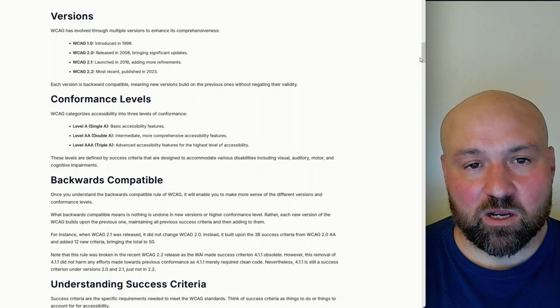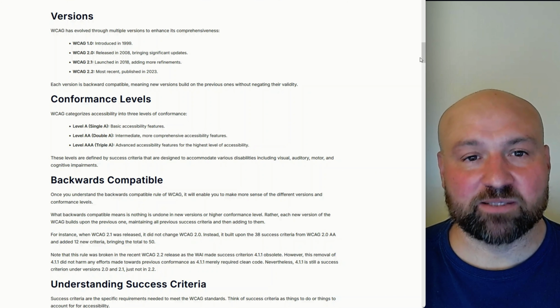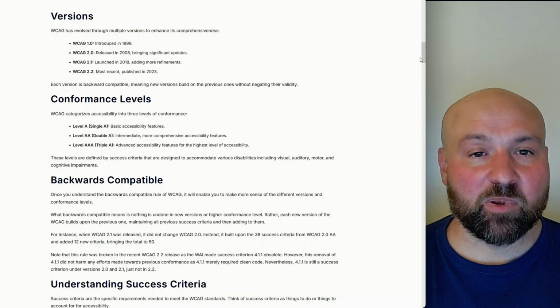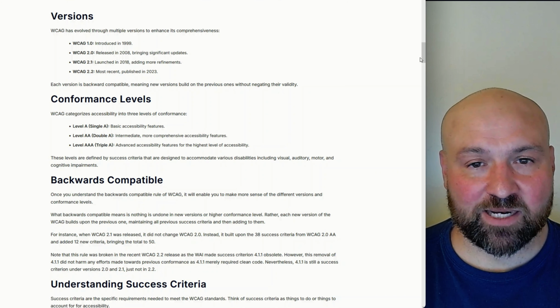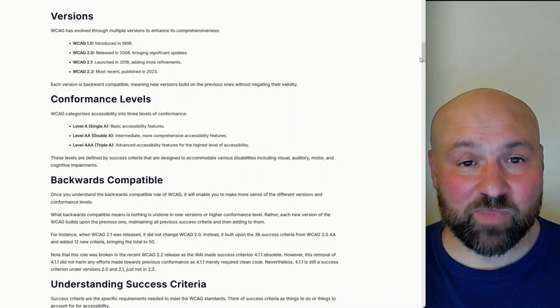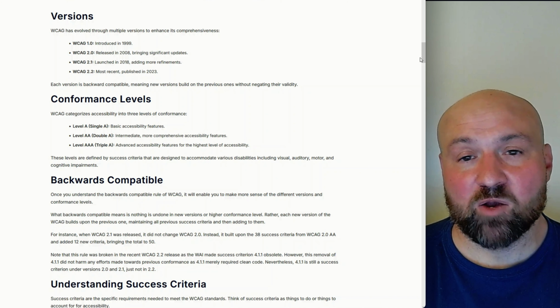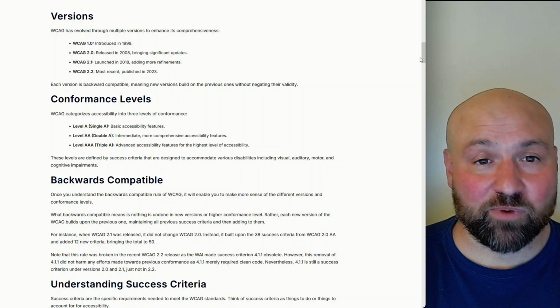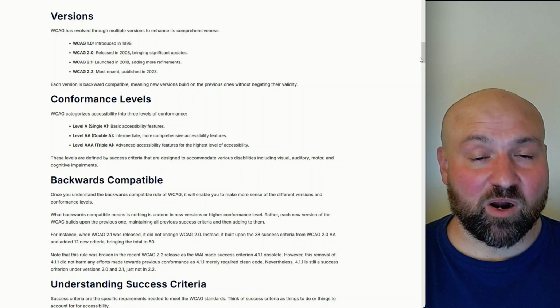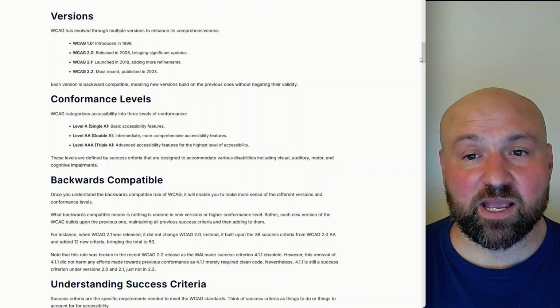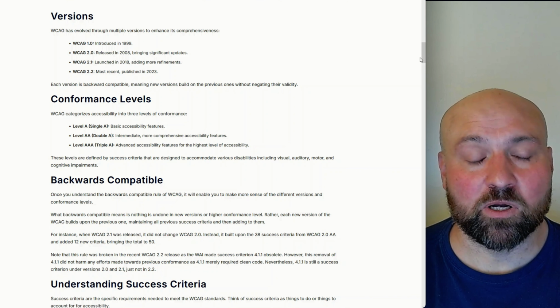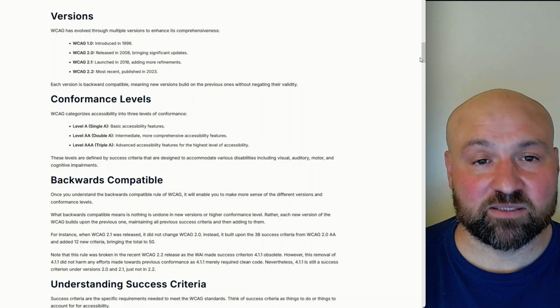Now, when I talk about success criteria and requirements, same thing. Keep in mind that some success criteria are more simple than others. Others are easier to meet than others. Some are very technically complex and they require someone with a development background to implement them. Others of them are fairly simple and straightforward, and even someone who is non-technical can implement the success criteria.